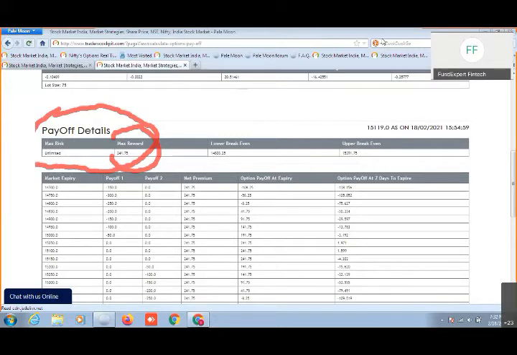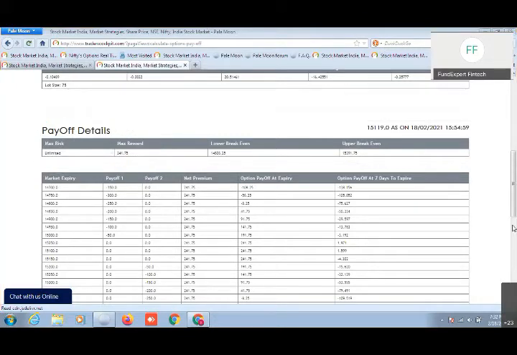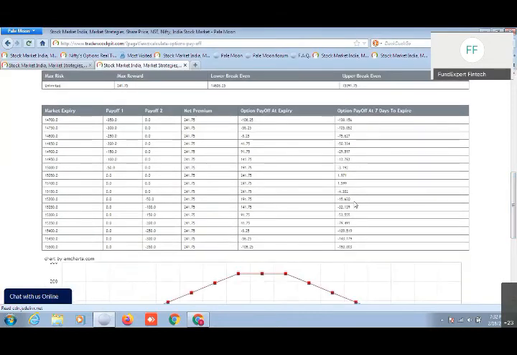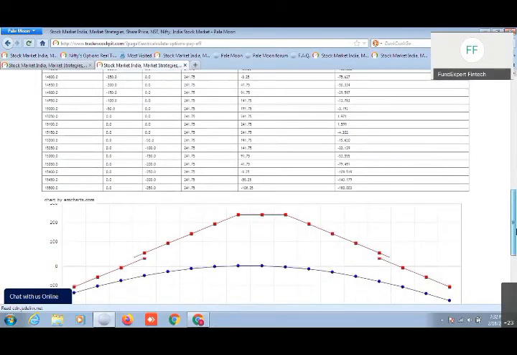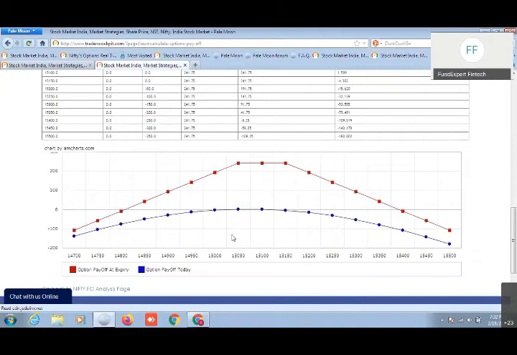So further downside, it shows you the payoff details, and here you'll find the payoff chart. This is applicable, gentlemen, and why I'm explaining this in detail is because this is applicable for strategies as well as trading in naked call or put options.